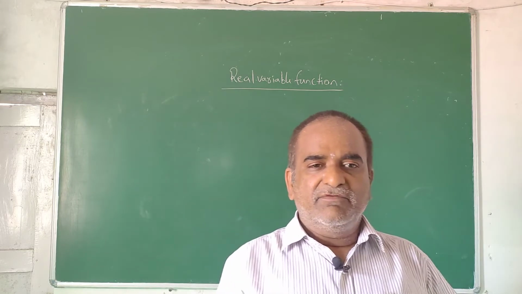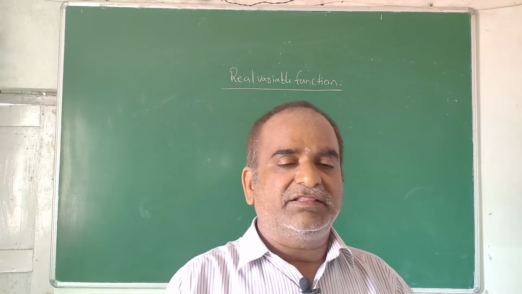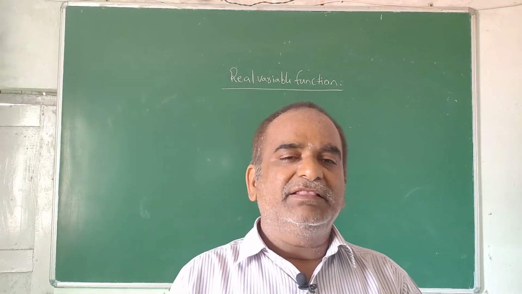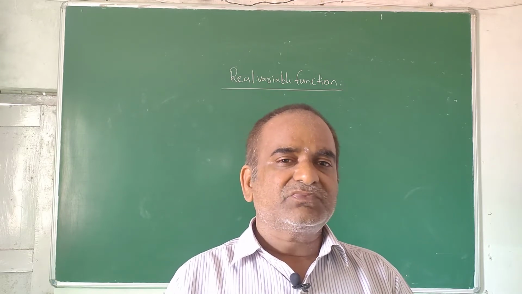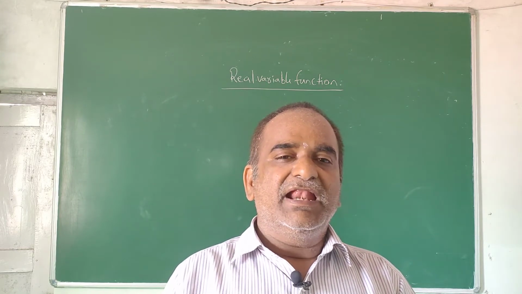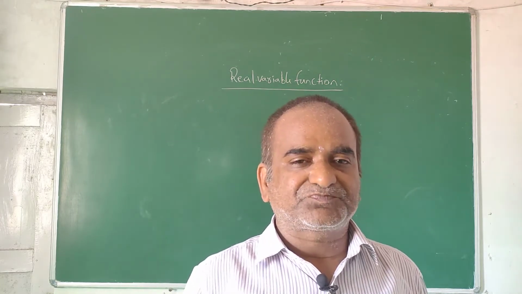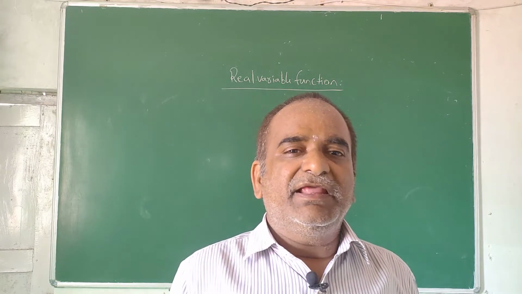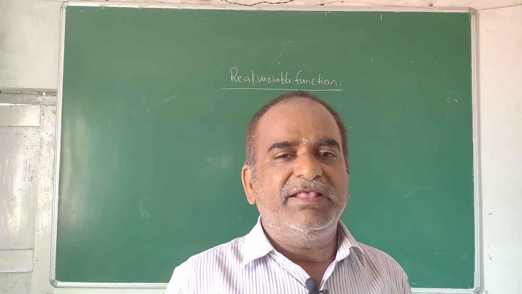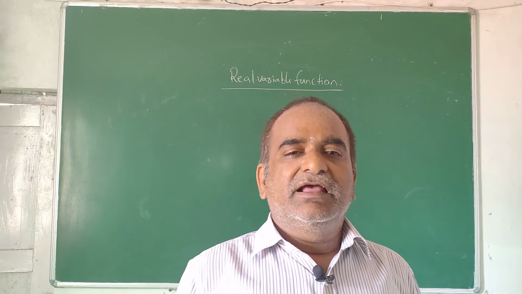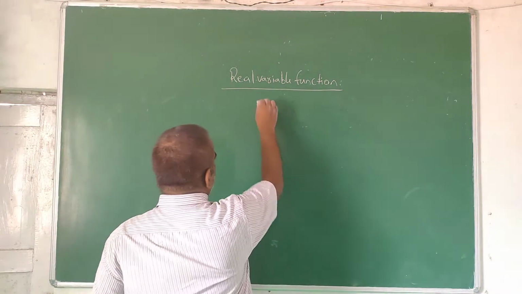Here you see, when f maps A to B and A is a subset of R, the set of real numbers, and B is any set, then that function is said to be a real variable function. Once again I will repeat, f maps A to B is said to be a real variable function if the domain A is a subset of R and B is any set. Understood? See, I am writing now the definition on the board.